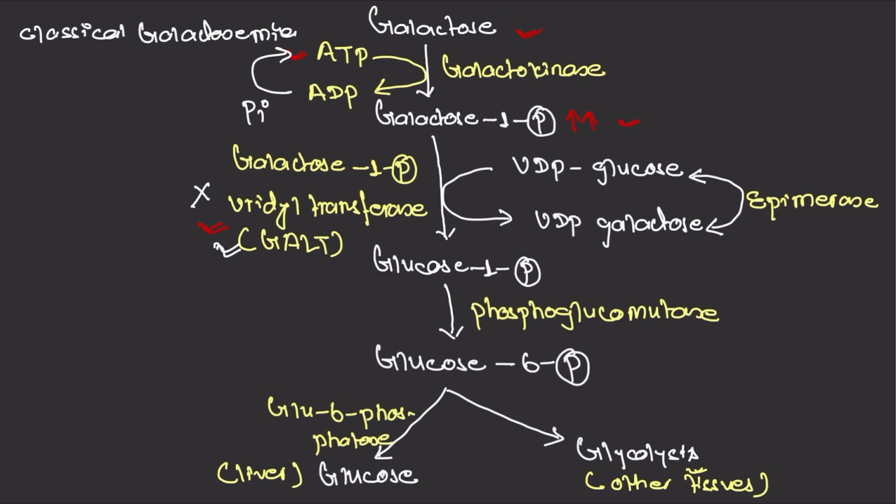But here you have trapped inorganic phosphate in the form of galactose 1-phosphate, so there is a decrease in the level of inorganic phosphate. So ATP will not be synthesized first.